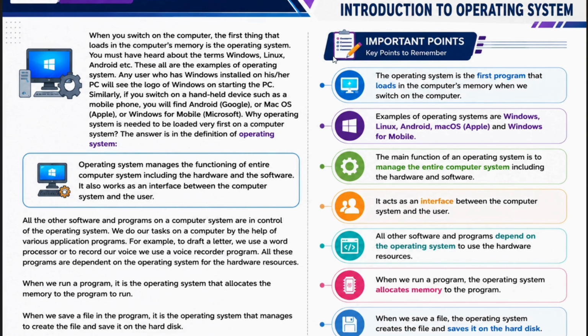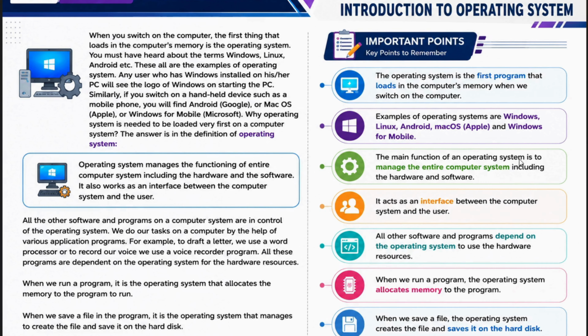Now here we have the list of some key points that you can remember. First, the operating system is the first program that's loaded into the computer memory when we switch on the computer. This we have already studied. Second, examples of operating system are Windows, Linux, Android, Mac OS, Windows for mobile.